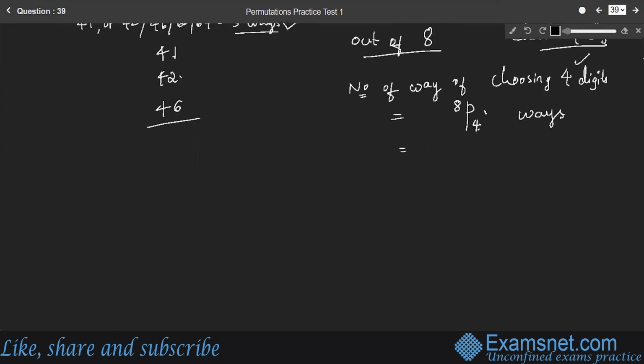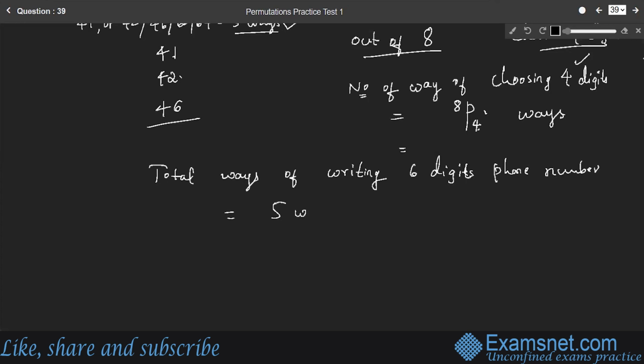Therefore, total ways of writing a 6-digit phone number or telephonic number is equal to 5 ways of writing the first 2 numbers into 8P4 ways of writing the last 4 numbers.